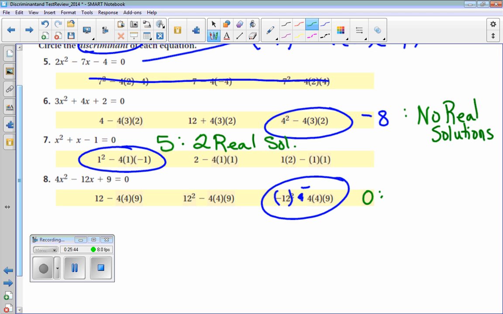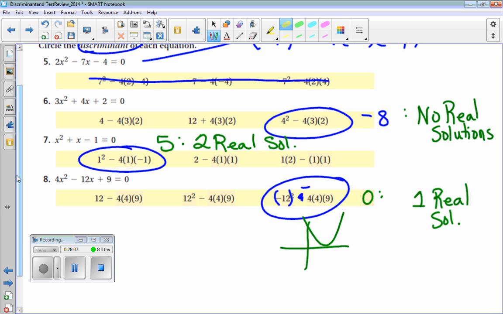A lot of people want to say because the discriminant is 0, there are 0 solutions. That's not true. This is just when that graph kisses the x-axis. Right? That's what that looks like. So there's 1 solution.